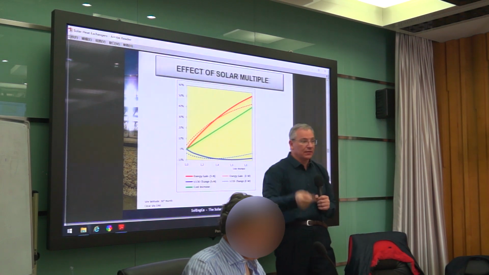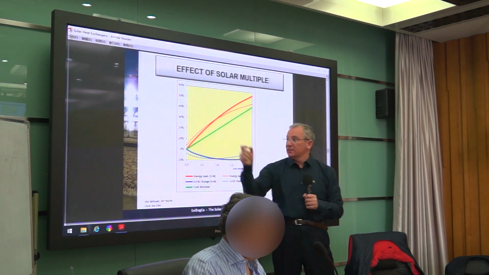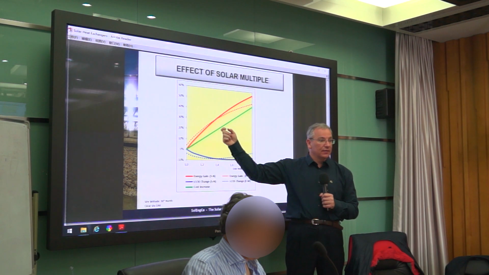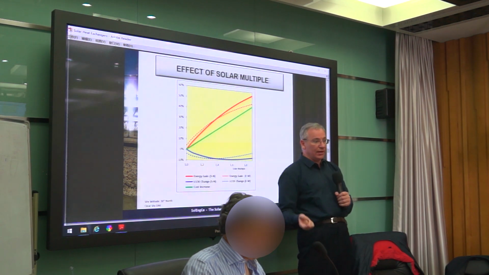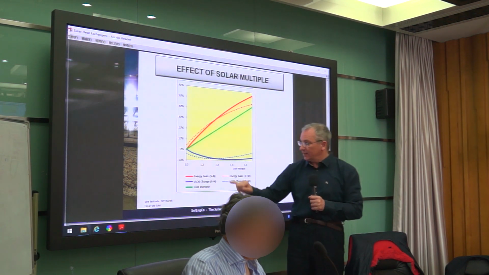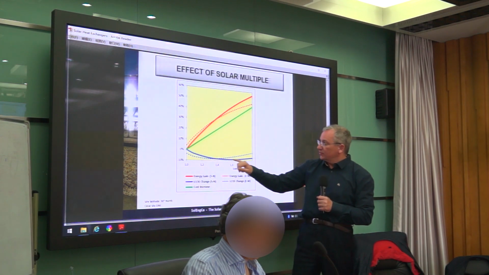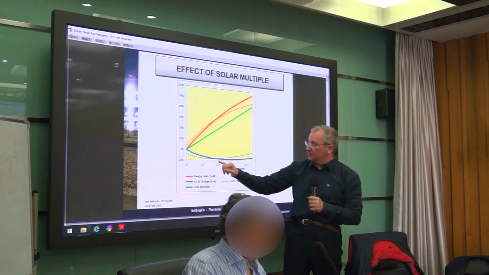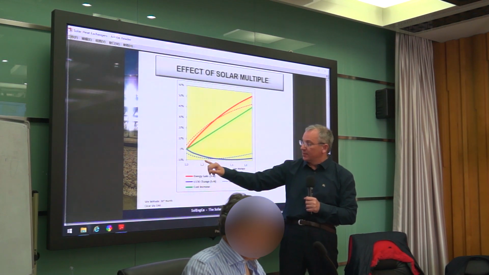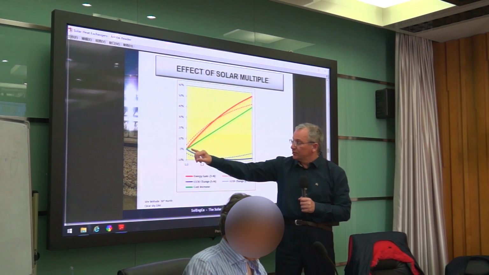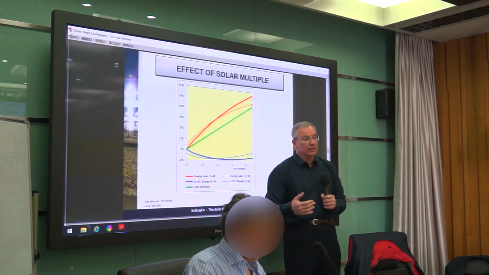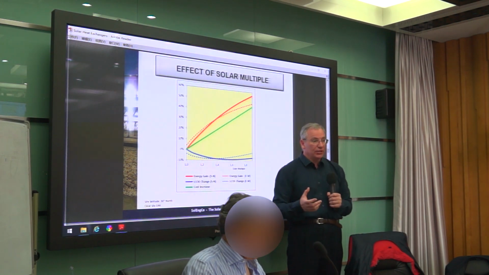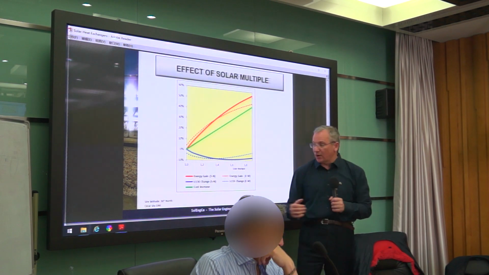Then you calculate the LCOE. It means you have a higher capex cost, but you also have more energy. So altogether, the costs are going to have this shape. Firstly, if you go with solar multiple 1.2 or 1.4, you see that the effect of this combination is much larger, so the LCOE is going to drop.